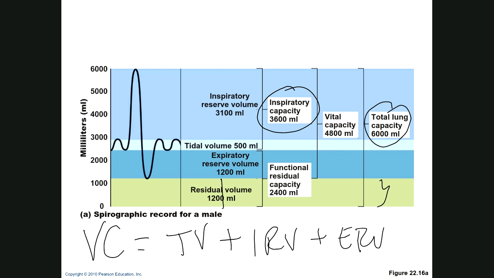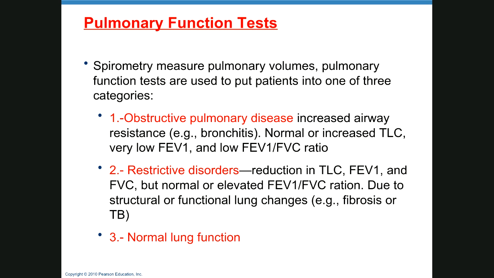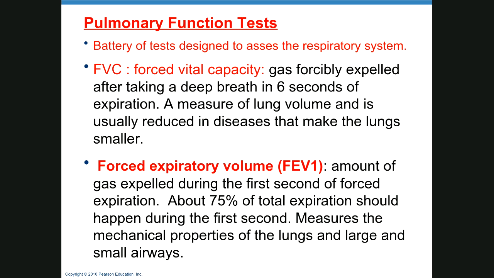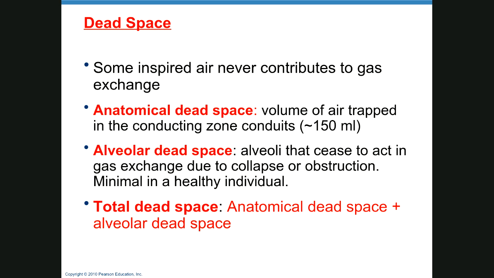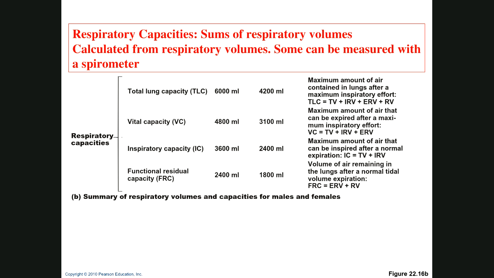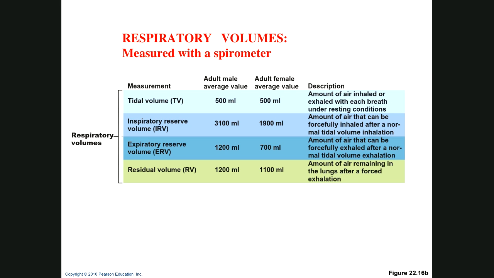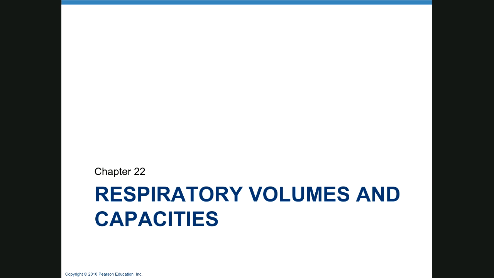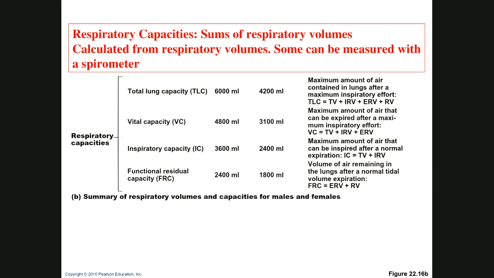So know what is a capacity, know the volumes. The PowerPoints that I skipped over are the ones talking about these concepts. There's your capacity: TLC, vital capacity, inspiratory capacity, functional residual capacity.